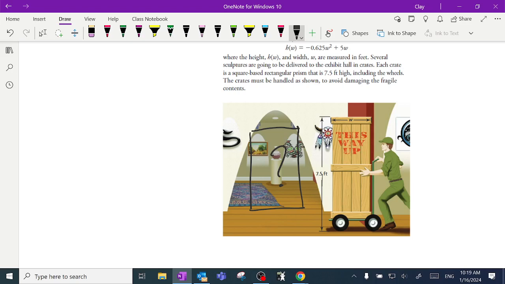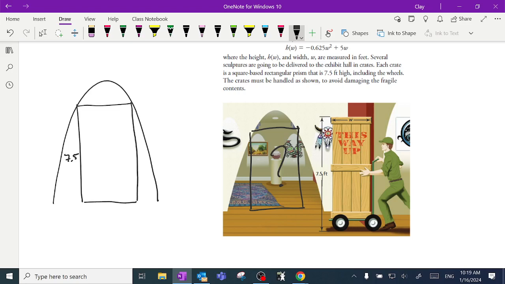All right, moving along. What do I do to figure this out? So if this is 7.5 feet high, will that actually fit in the parabola? Basically, I want to know, if this is 7.5 feet high, how big is this?